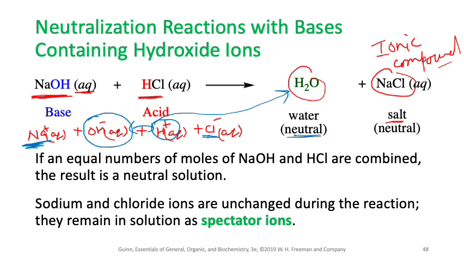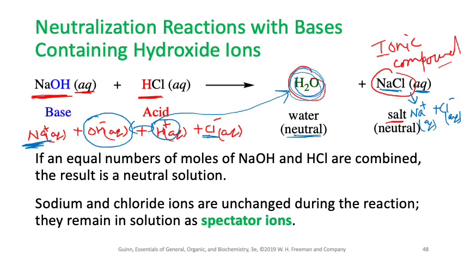So they combine together to make NaCl, but the thing is that NaCl is also present in aqueous form. So if the NaCl is in dissolved form, it doesn't remain as NaCl, it remains as Na+ and Cl-, aqueous. So what is basically happening in neutralization reaction, only the proton and hydroxide ion are actually reacting and making a new product. These are the only two components of the reactant that are basically doing a chemical reaction.